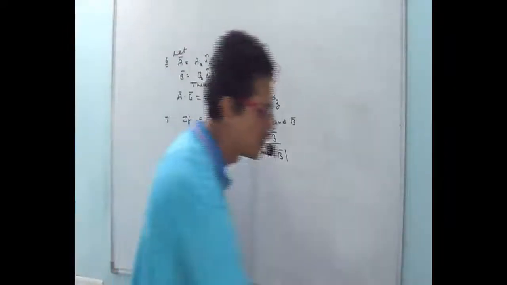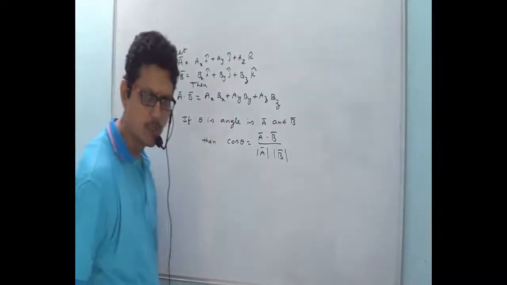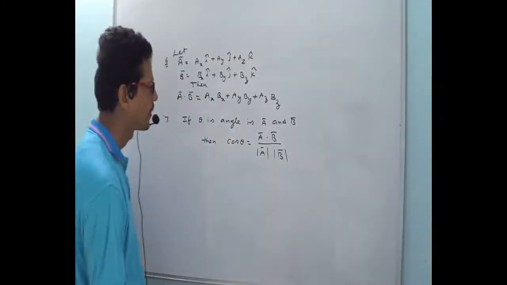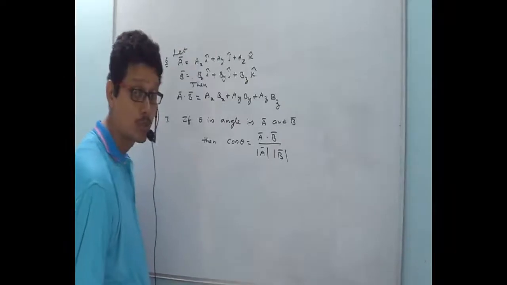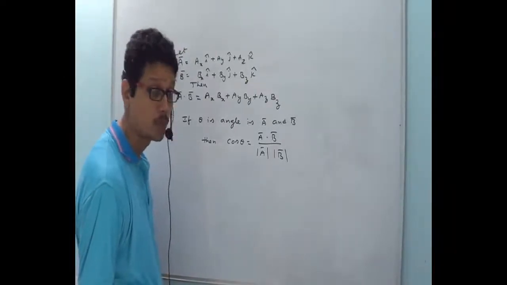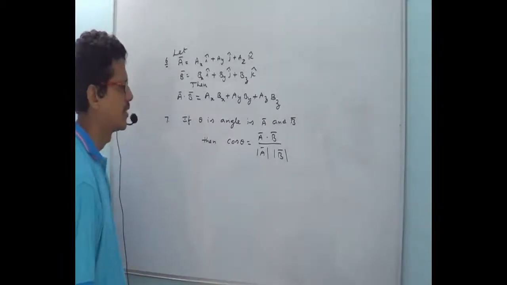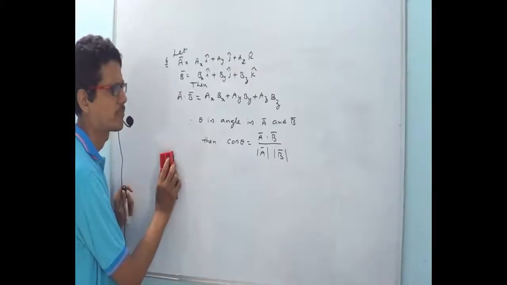Okay. So first example, we will calculate the work done, okay? You will be given the displacement and force, and the dot product of force and displacement is nothing but work done. I will just erase this.